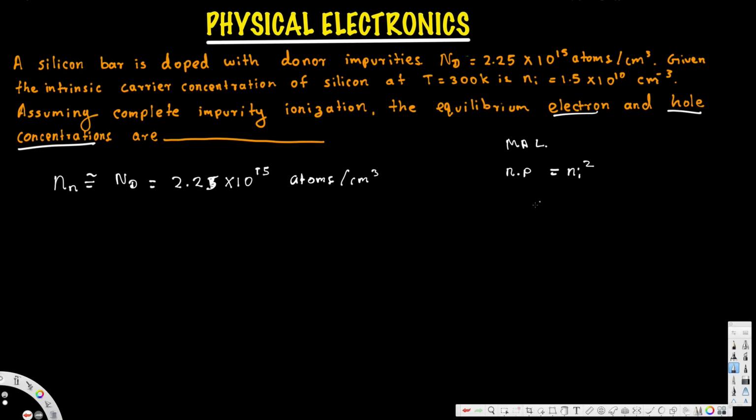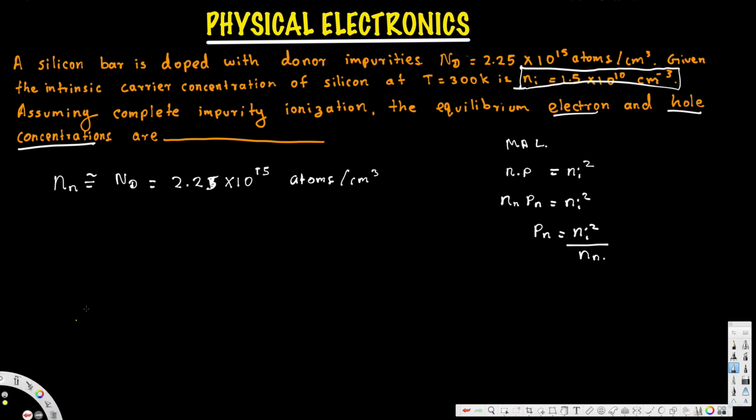Now if we rearrange it, since this is an n-type semiconductor, we can put a suffix like this: Nn Pn is equal to Ni square. Nn is already there, we found that one already. Now we are interested in finding Pn. Pn is going to be Ni square divided by Nn. Nn we already know, that is 2.25 times 10 to the power of 15. Ni is already given in the question. We just have to find out what is the Pn value.